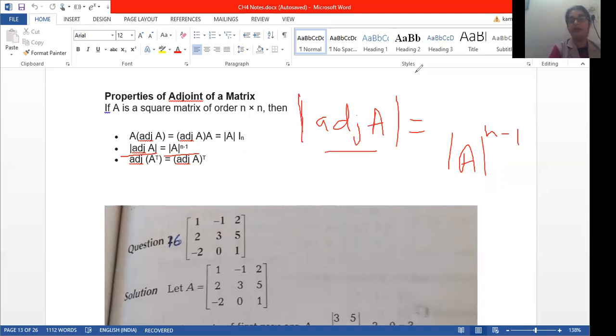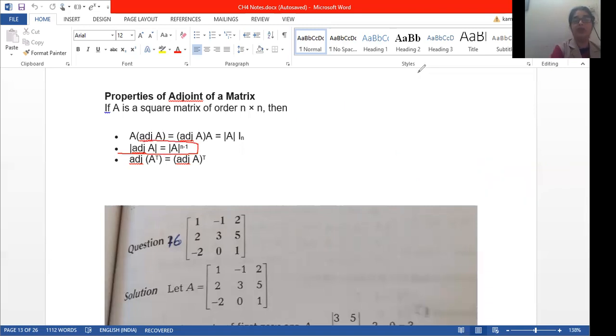If you find the determinant of that matrix, it will be equal to determinant of A to the power of n minus 1, where n is the order of the matrix. This is very important, because using this property, a 1 mark question comes every year.